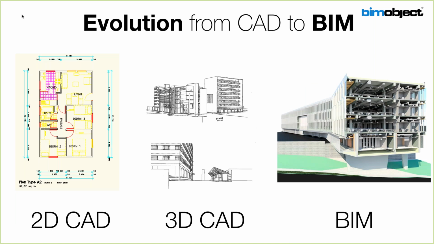So we've gone from visualization of just having to imagine what that building is going to look like in 2D CAD. In 3D CAD, we got to see somewhat renderings, if you would. We can look and see from a three-dimensional perspective, but not in real time. To BIM, where we can actually walk through and see the buildings, and that's truly three-dimensional, and even using other technologies for holograms and so forth.